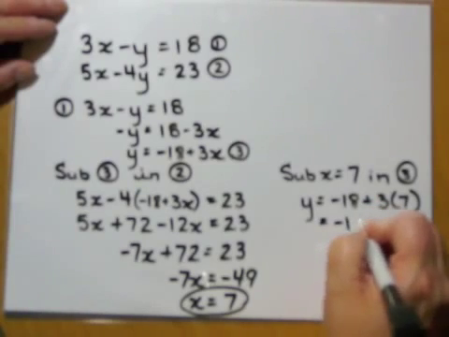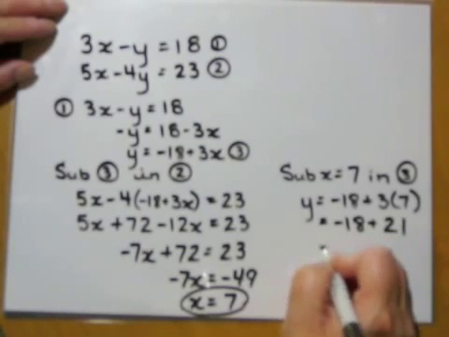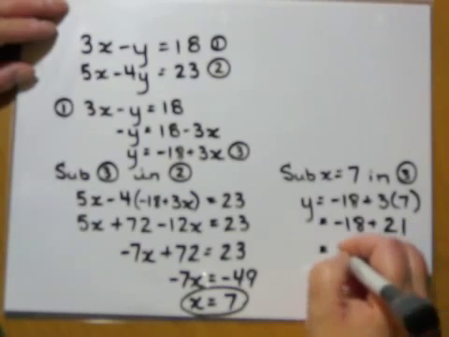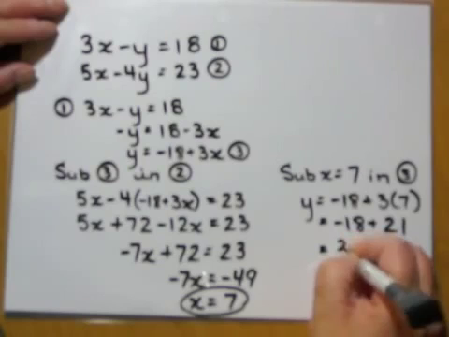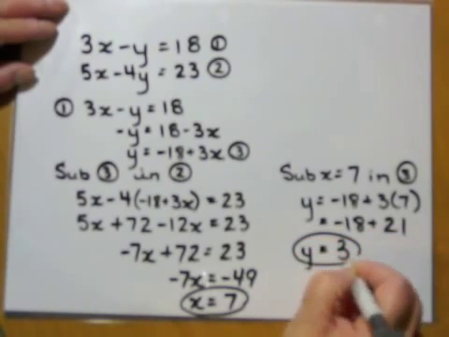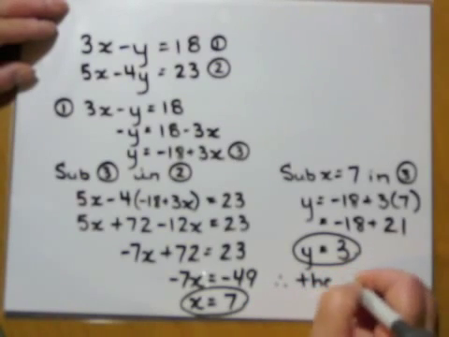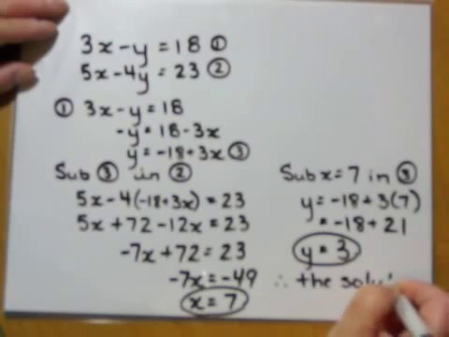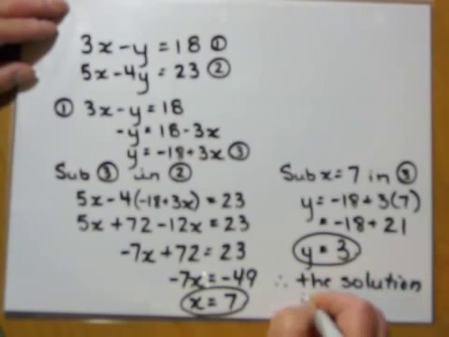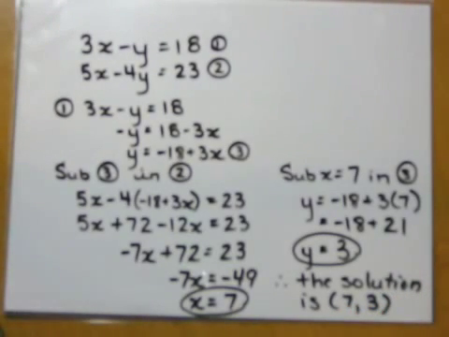So that's negative 18 plus 21 means that my y value is 3. So therefore, the solution is the point 7, 3. And that is solving by substitution.